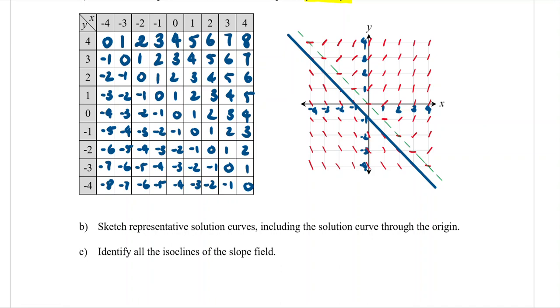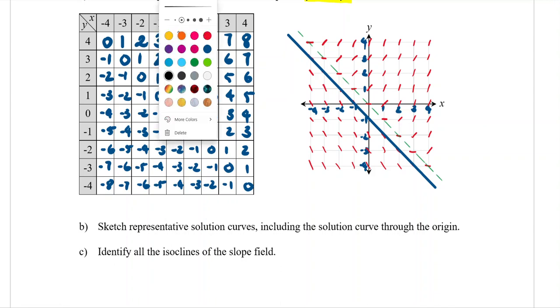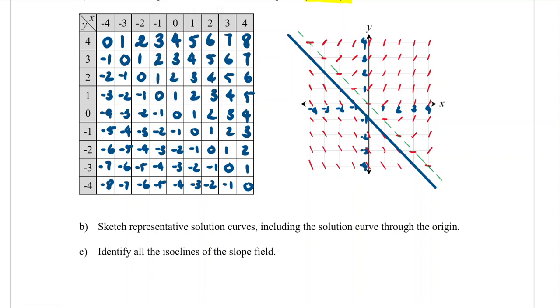Okay, so I need more colors. Where's my colors? I'm going to change that one to purple. This first zero here, going through the origin, as I go to the left from there, I have gradients getting quite steep, and they'll be coming up and approaching that line there.